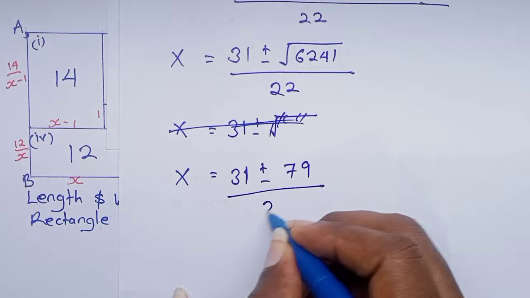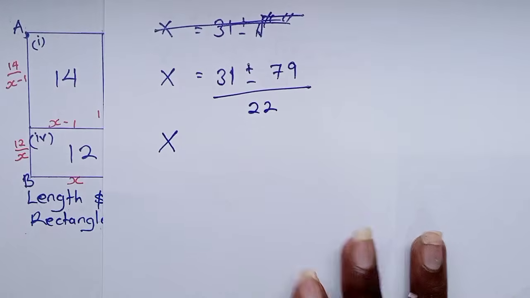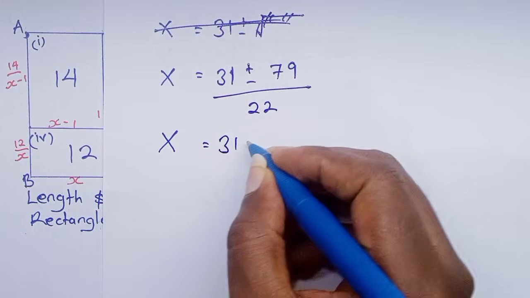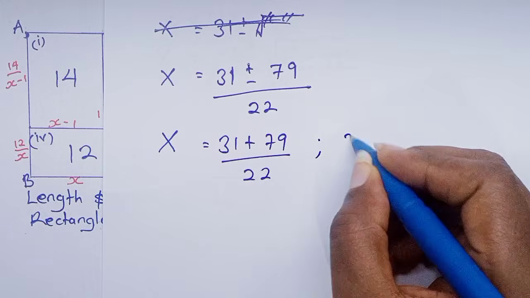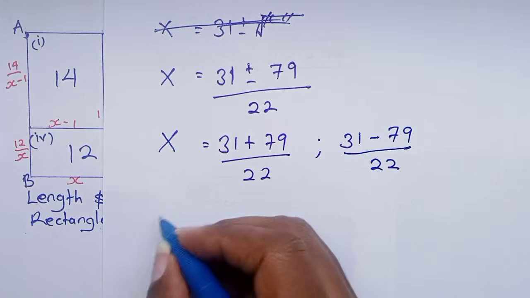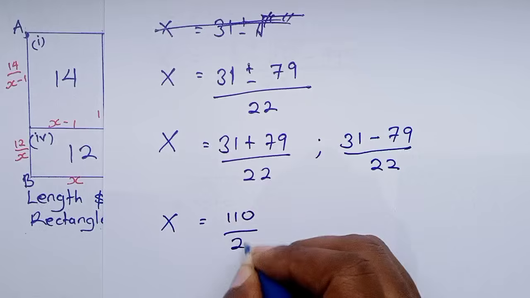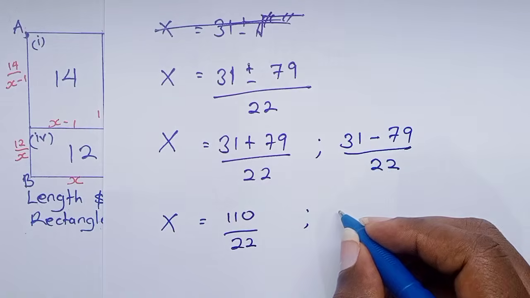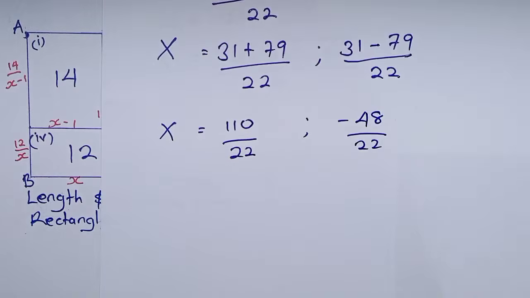So this is over 22. Therefore, x will be either 31 plus 79 over 22 or 31 minus 79 over 22. In this case, x will be 110 over 22, and in this case, x will be minus 48 over 22.